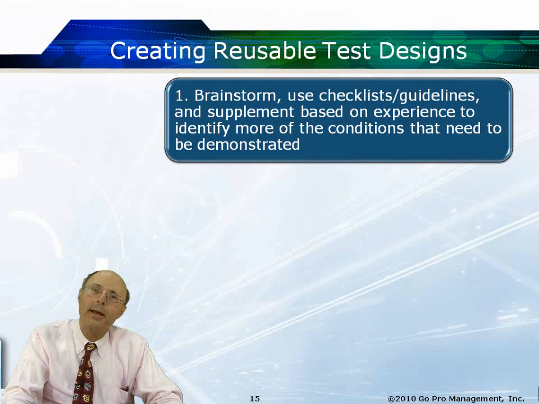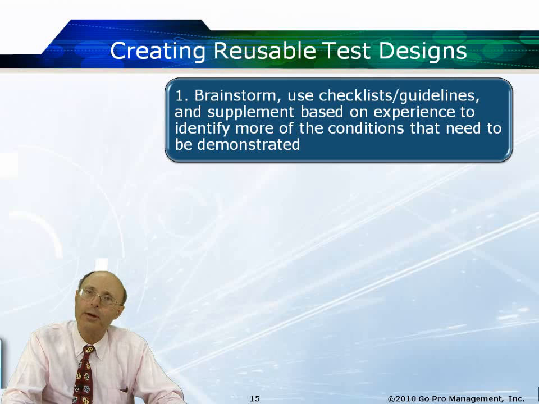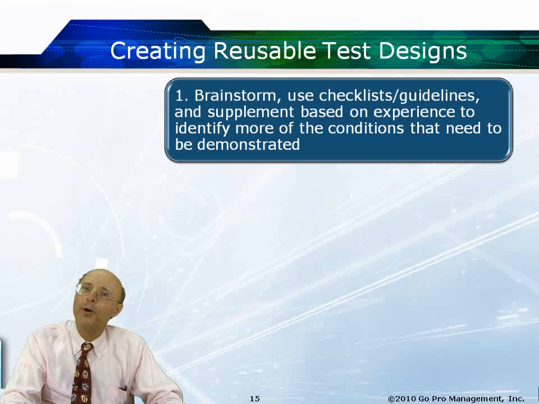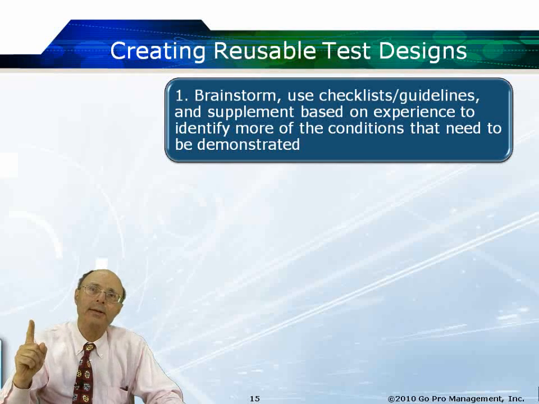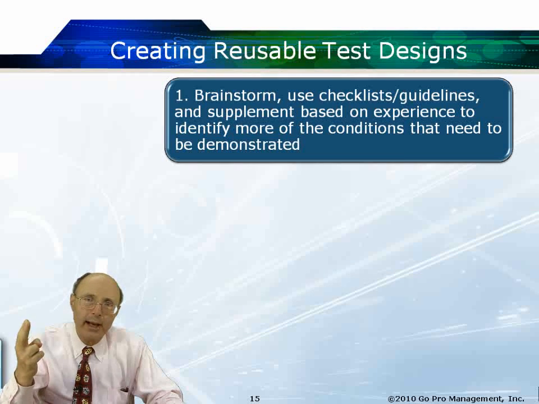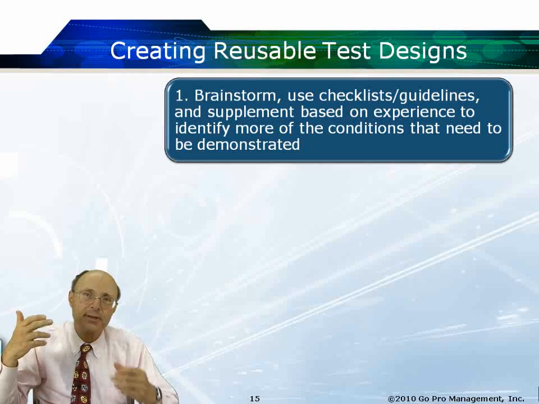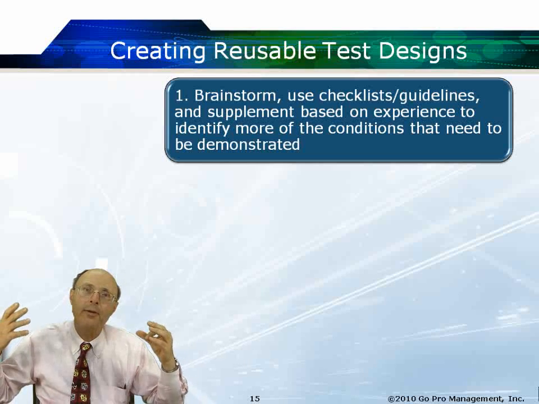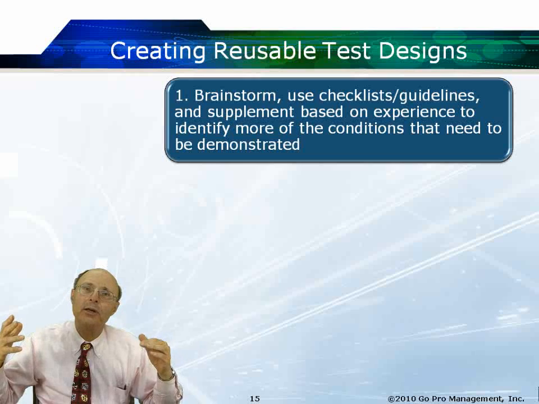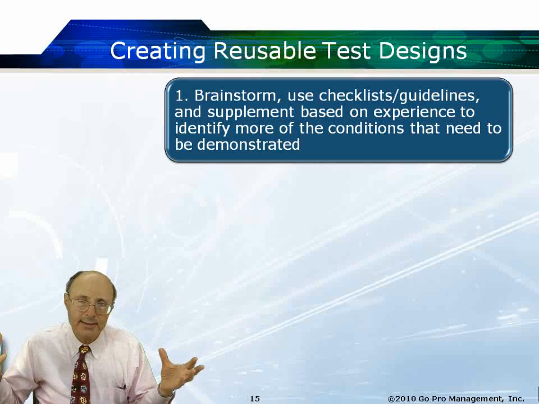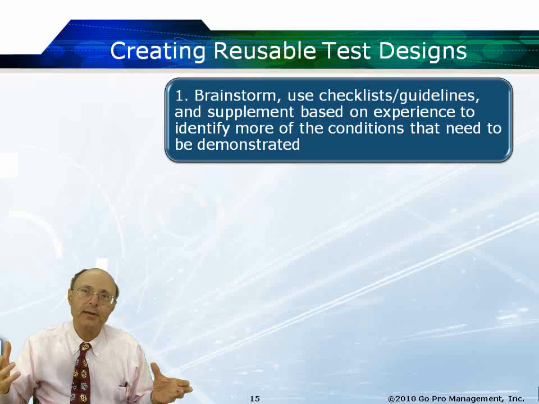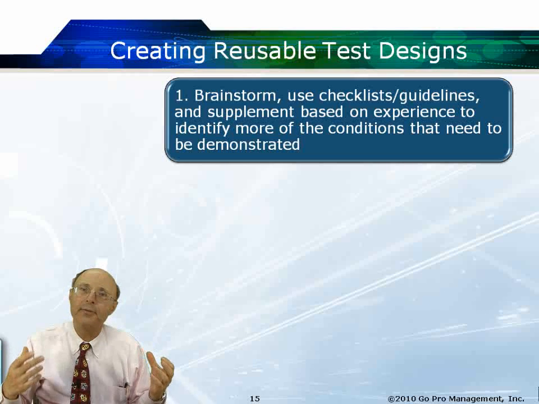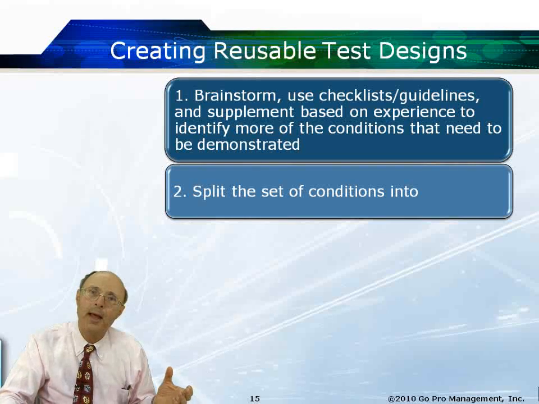So let's recap the sequence of events, the method that we used for creating reusable test designs. First of all, we start by brainstorming and using checklists and guidelines to supplement our brainstorming, to expand and fill out that test design specification so that it more fully identifies the set of conditions that need to be demonstrated to give us confidence that it works.